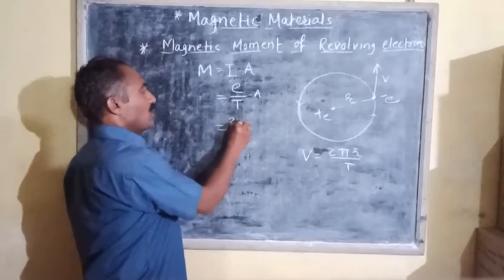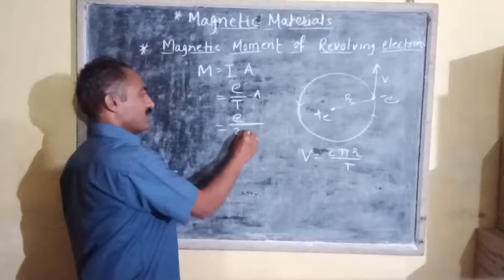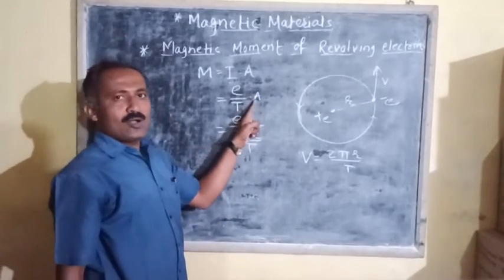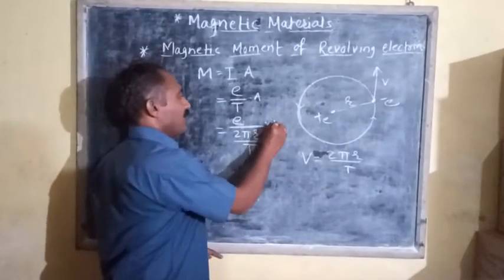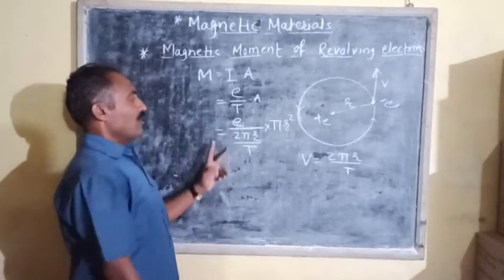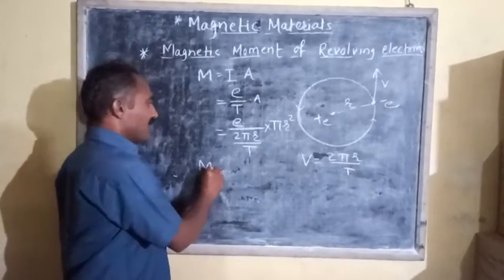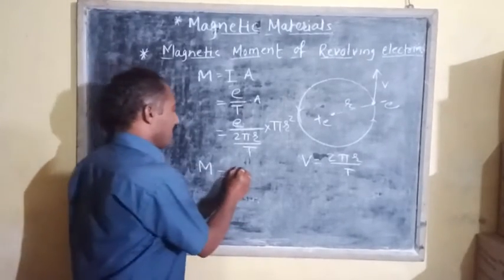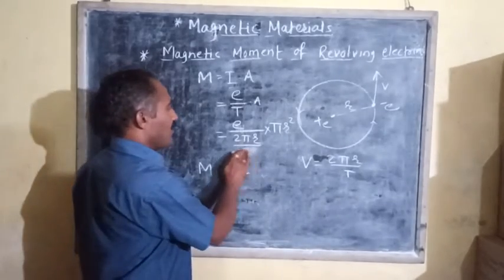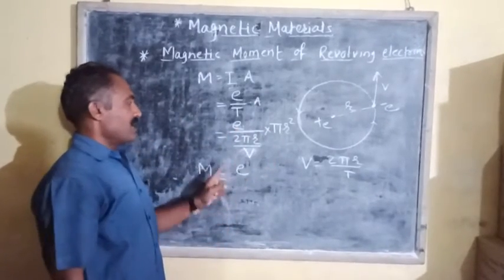Therefore the magnetic moment associated with the electron is M equals e upon T into the area of the circular orbit, which is pi r squared. Putting T equals 2 pi r upon v, we get M equals e upon (2 pi r upon v) into pi r squared.